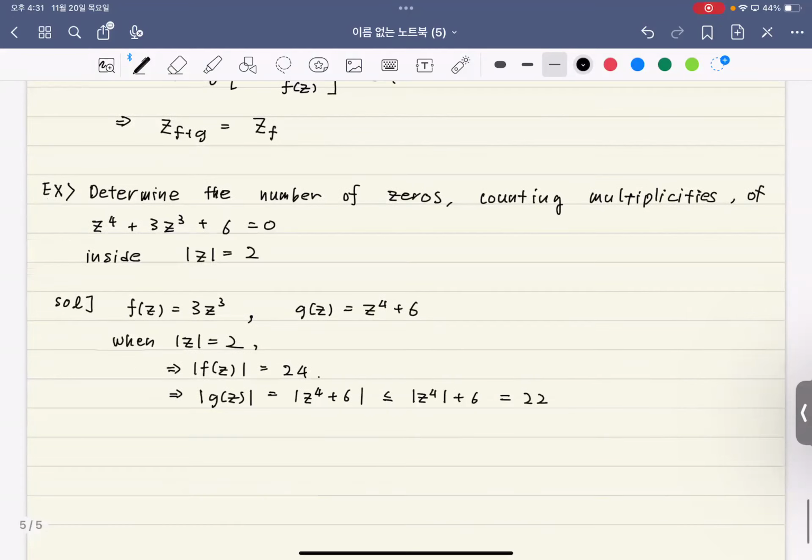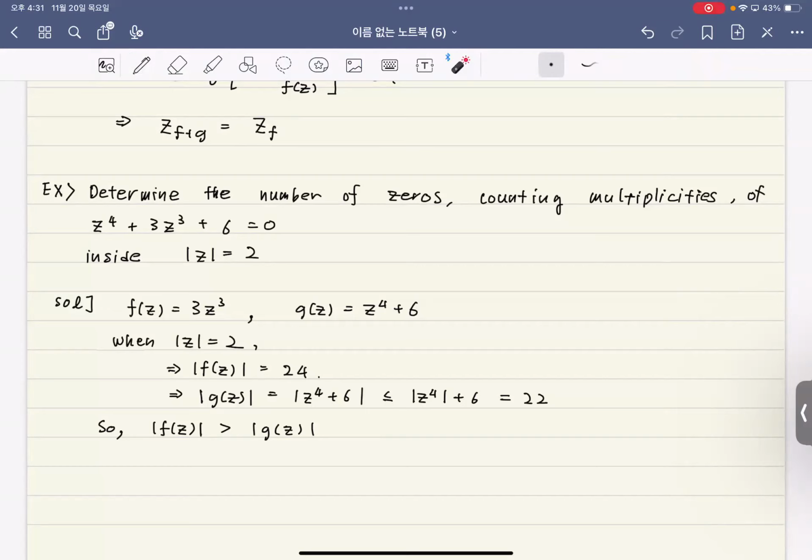Oh, okay, good, great. So the modulus of f of z is always bigger than the modulus of g of z, right? Great.